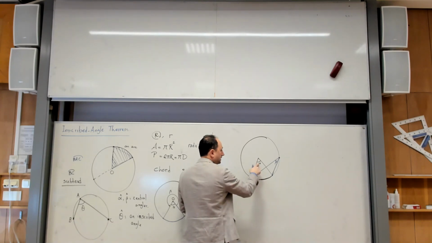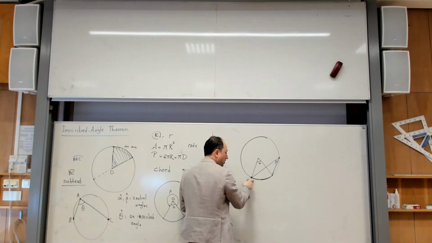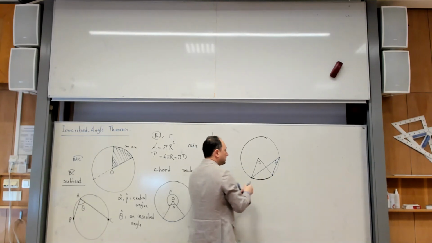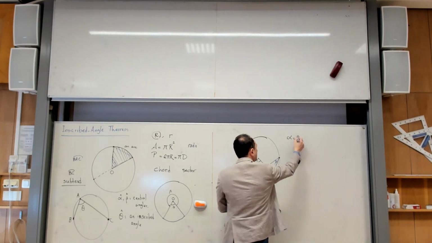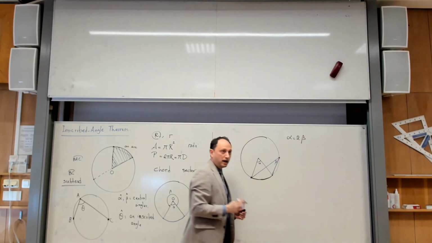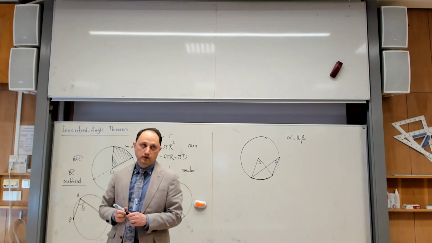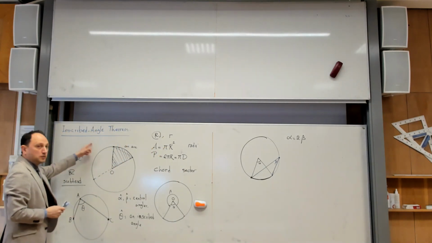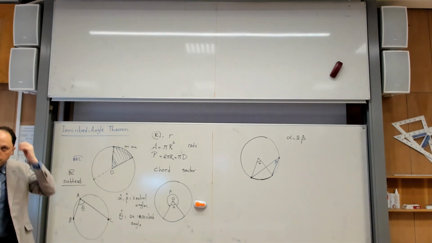This angle is central and subtending the same arc. If they are subtending the same arc, then alpha is 2 times larger than beta, exactly 2 times. So this is the content of the Inscribed-Angle Theorem. That is what we want to prove.